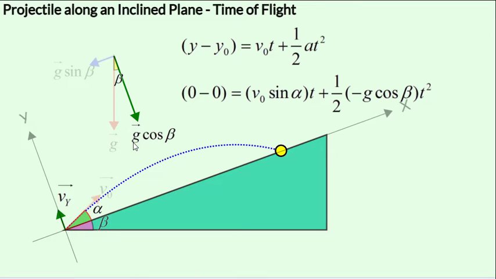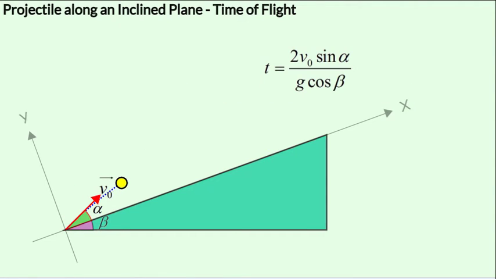With this, we are ready to solve for the time of flight t. The time of flight turns out to be 2v0 sine of alpha over g cos of beta. If you recollect the formula we had when the projectile lands back on the ground, it was 2v0 sine alpha over g.